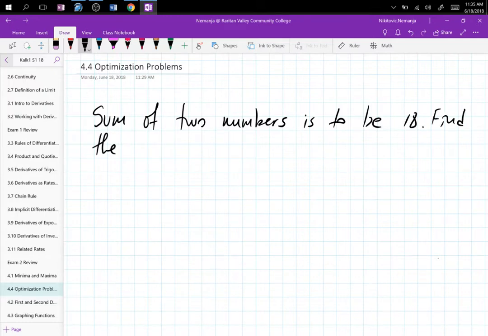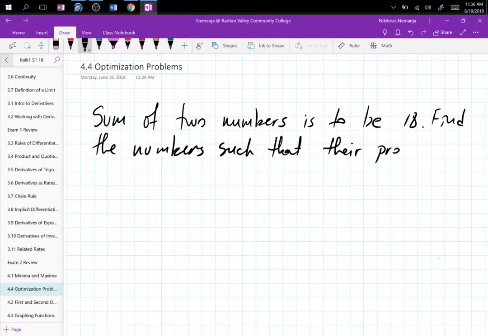Find the numbers such that their product is max. See, they are giving you a constraint, because if I ask you, give me two numbers that add to 18, you're just going to say, okay, 16 plus 2. And you're done, right? But is the product of those two maximum?